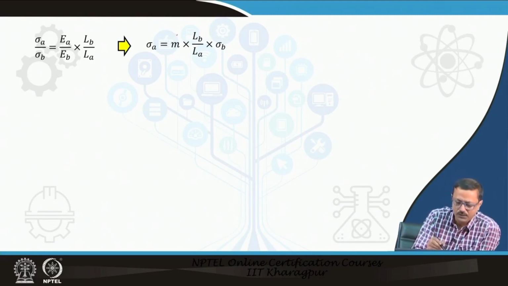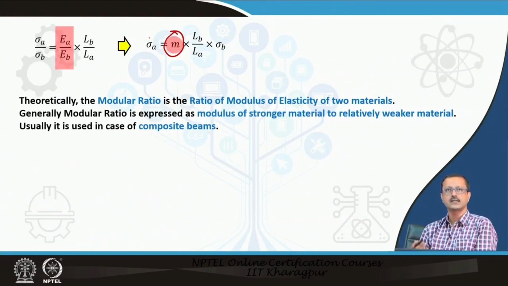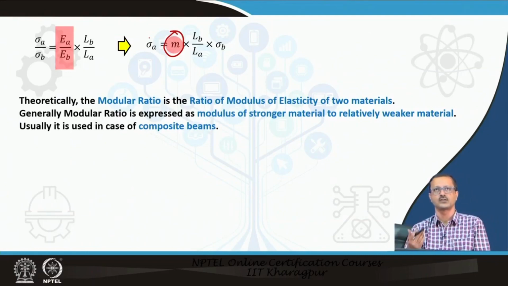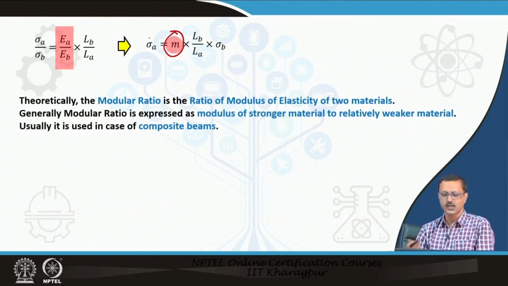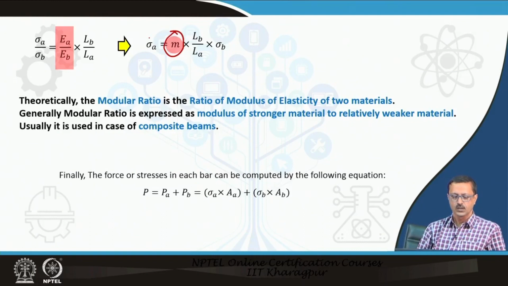This M is the modular ratio, the ratio of their Young modulus. Theoretically the modular ratio is the ratio of the modulus of elasticity of two materials, and it is actually expressed as the elasticity of the stronger material by the elasticity of the relatively weaker material in a composite beam or composite structure, right.